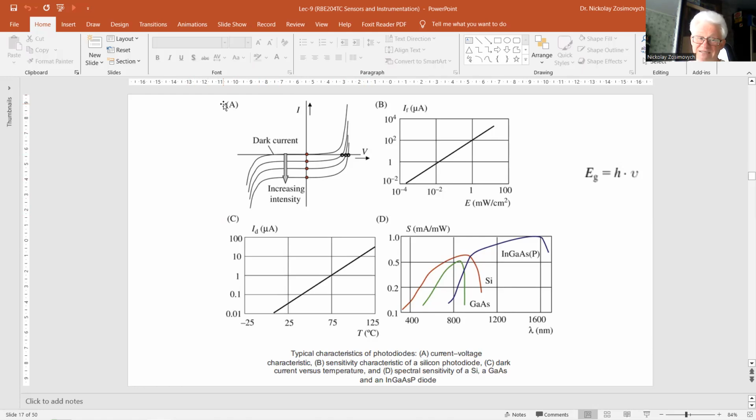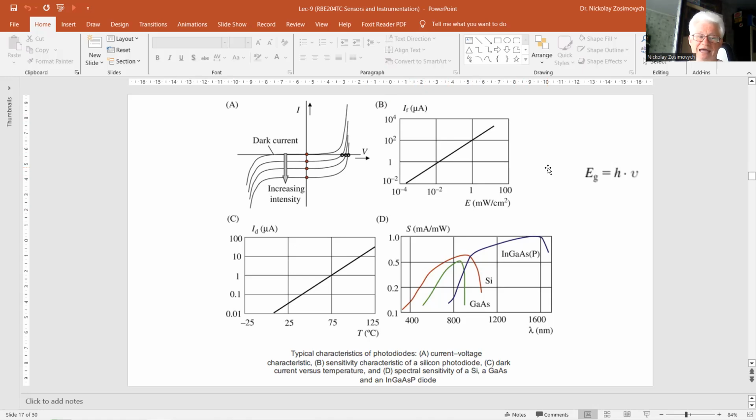Sensitivity characteristics. The photocurrent is proportional to the incident light over more than 6 decades. This you may see in figure B on the right side on the top of this slide. This is the main reason why the current mode or conductivity mode is preferred over the photovoltaic mode of operation.